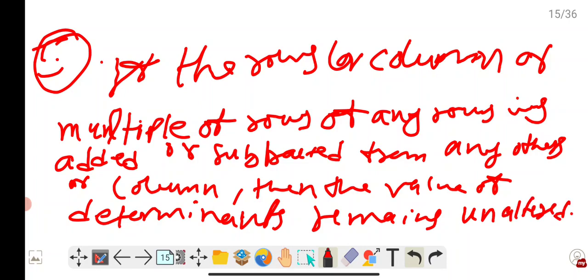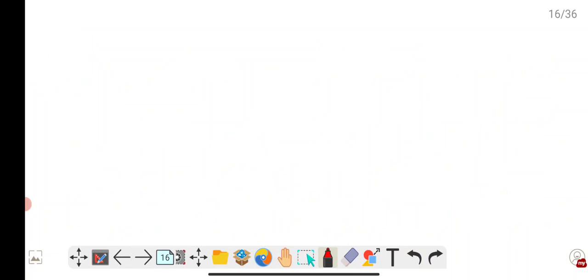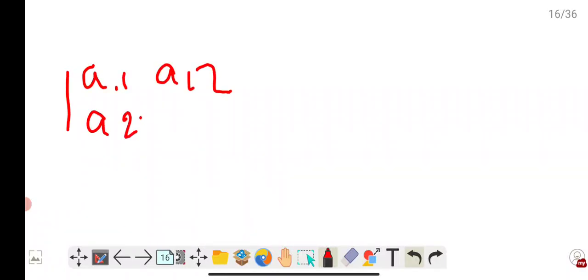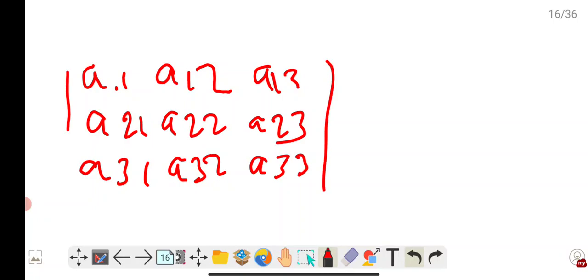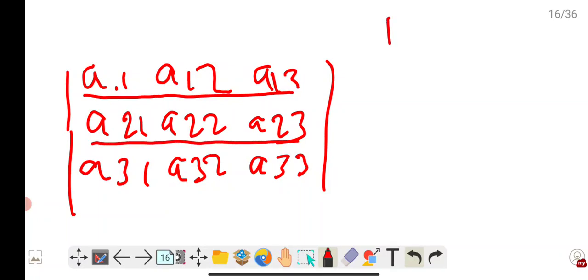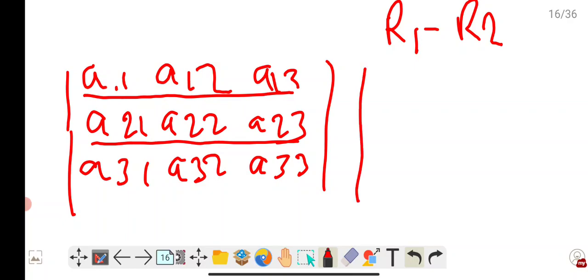It will be more clear if we take an example. So what is the example? Let's take a11, a12, a13, a21, a22, a23, a31, a32, a33. If we subtract this minus this, that is R1 minus R2 is carried out, then nothing will happen.